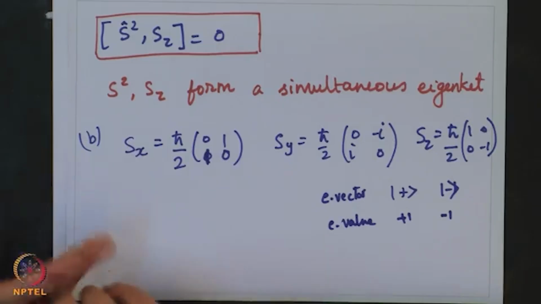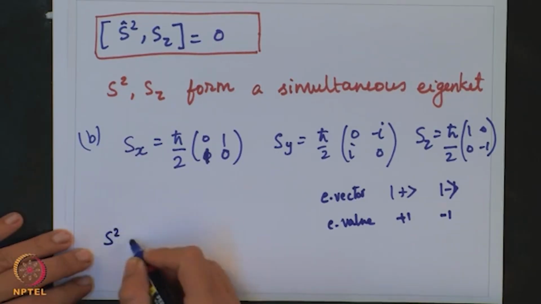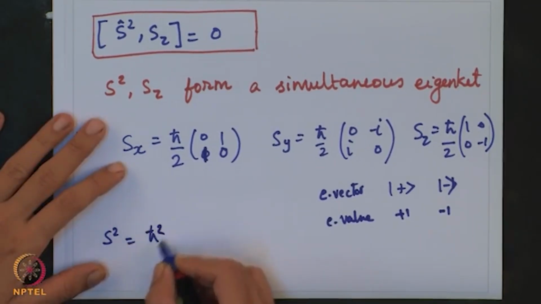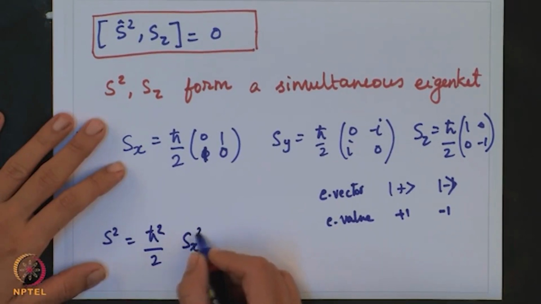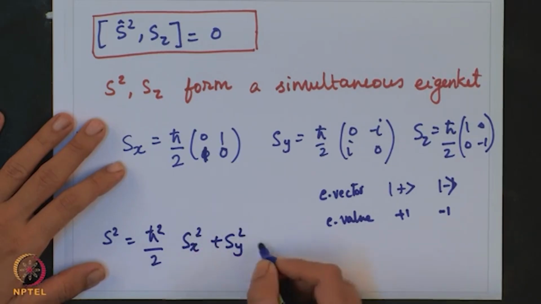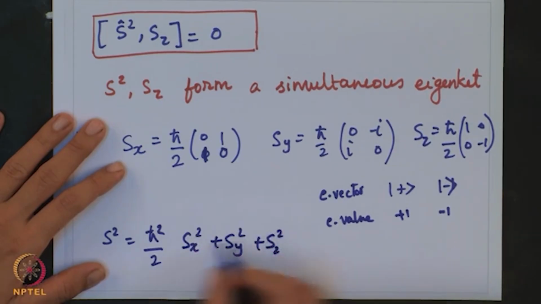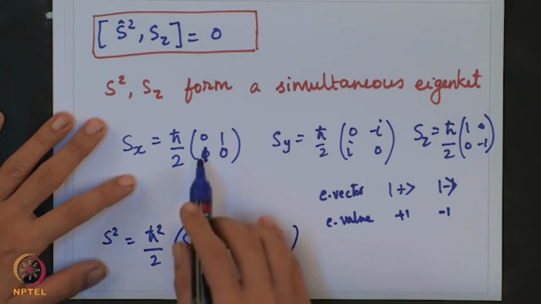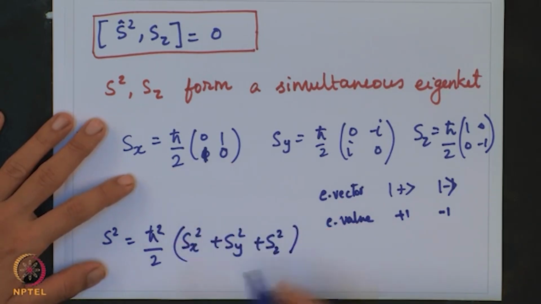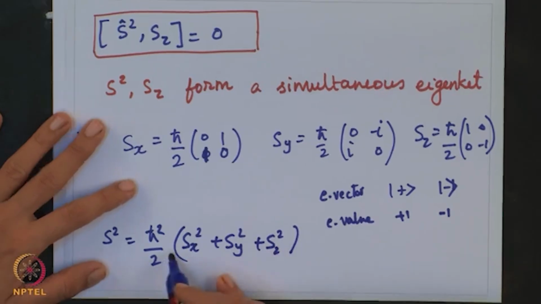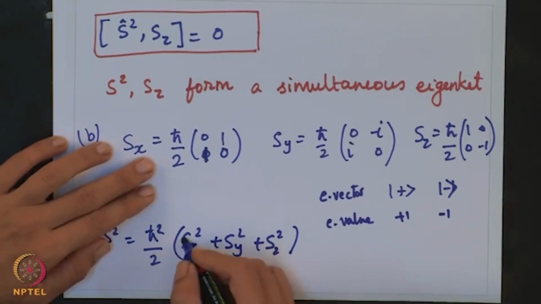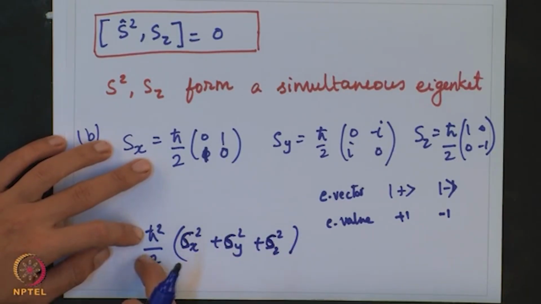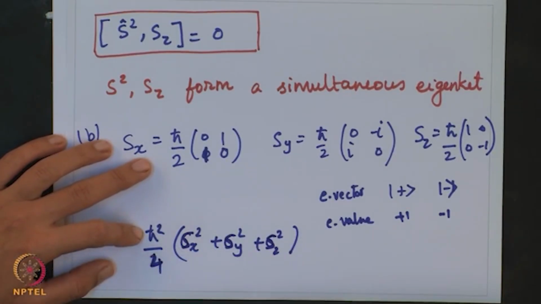So, now S square, how will you calculate? It will be ħ square upon 2 times Sx square plus Sy square plus Sz square, correct. If I make this substitution in terms of sigma matrices, I have to write sigma x, sigma y and sigma z, because I wrote already the ħ square upon 4.